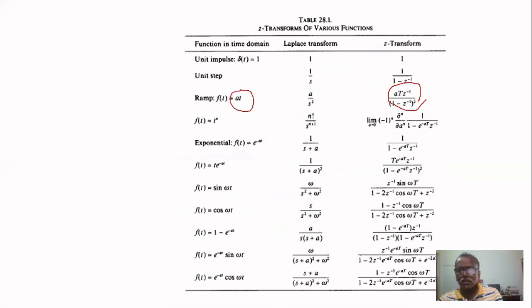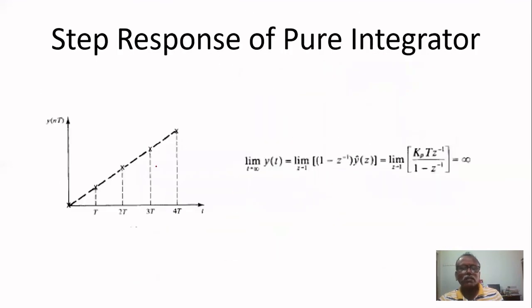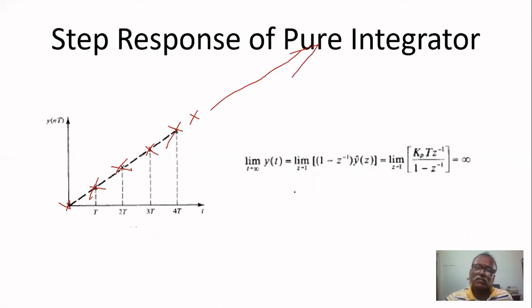The response is a continuously increasing function. We got the values at every sampled instant. It goes up to infinity. So what is the final steady state value? For this system, what is the final steady state?